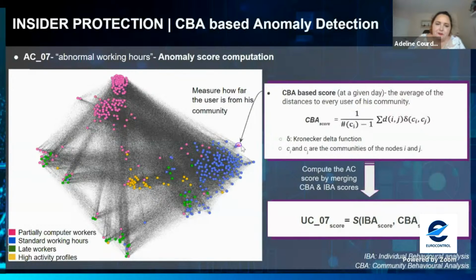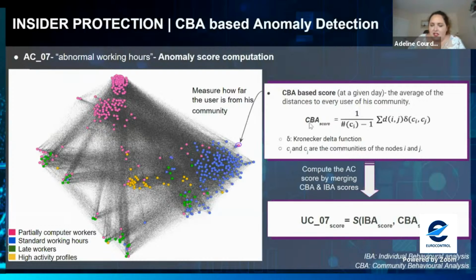And so what we can see here, if you look, for instance, at this individual, this pink dot, we can see that this individual is very far from the rest of its community. And this is something that we qualified as abnormal. So what we are doing is that we are measuring the distance of this individual compared to the rest of his community.